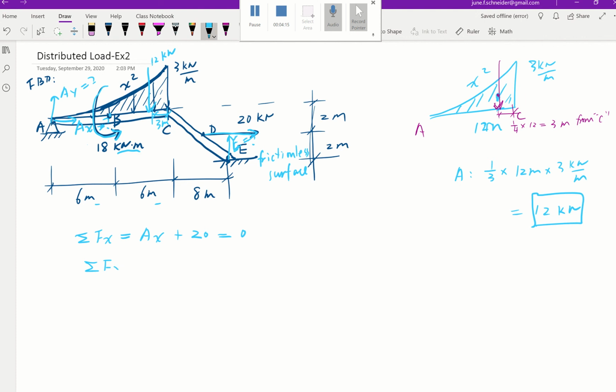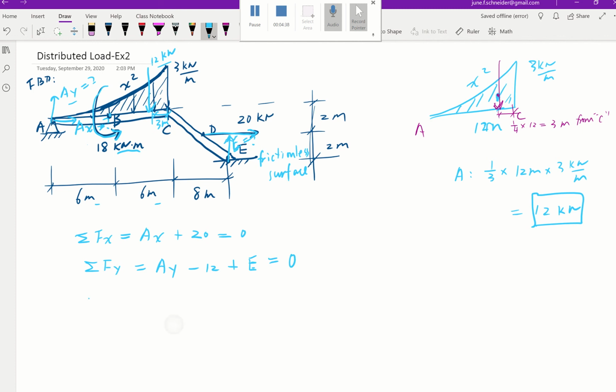Forces in Y, what do we have? We'll have AY, and then we'll have negative 12 kilonewton, that's going downward. Then we'll have this E, that's going up. That equals 0. So those are the three equations.